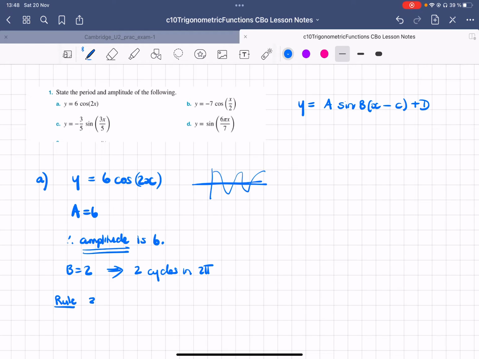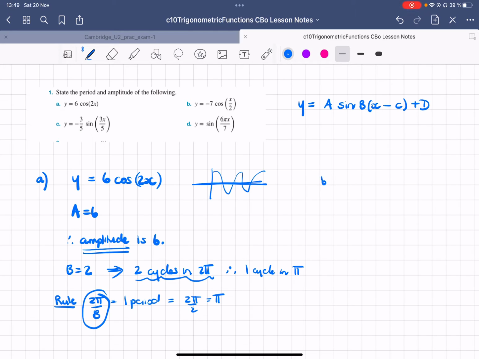The rule tells me 2 pi over b is 1 period. So in this case, it's 2 pi over 2, which is pi. So either way you want to justify, either using your words or using your formula. I find students usually like to use the formula.